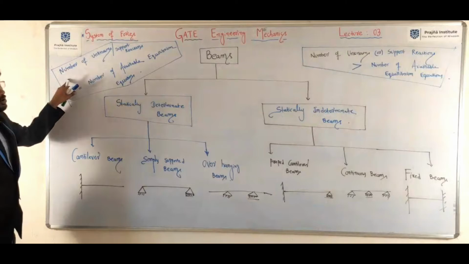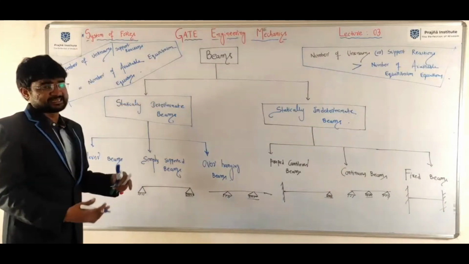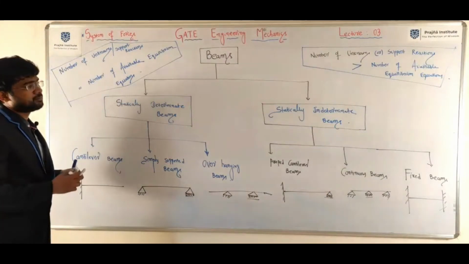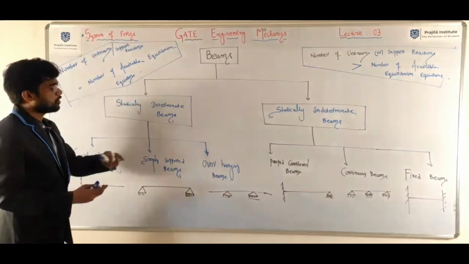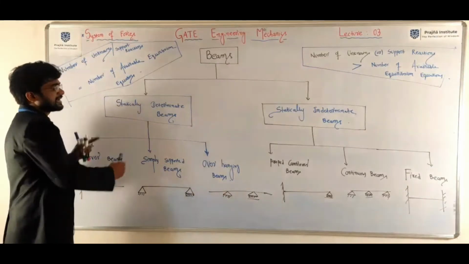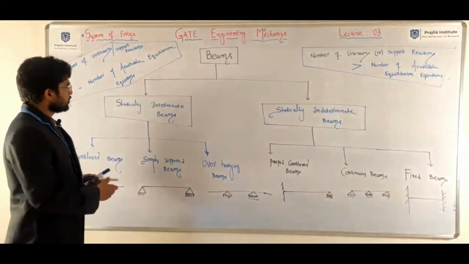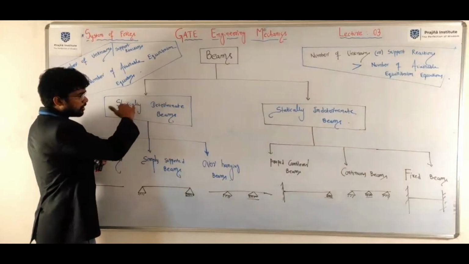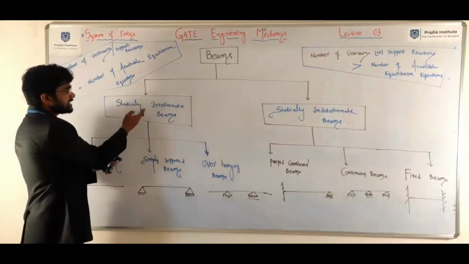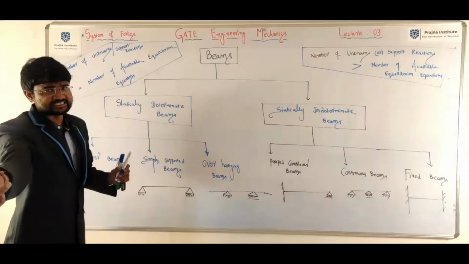If the number of unknowns or support reactions is equal to the number of available equations, then you can call that beam a statically determinate beam. We can determine all the unknowns by using static equilibrium equations. Correct now?